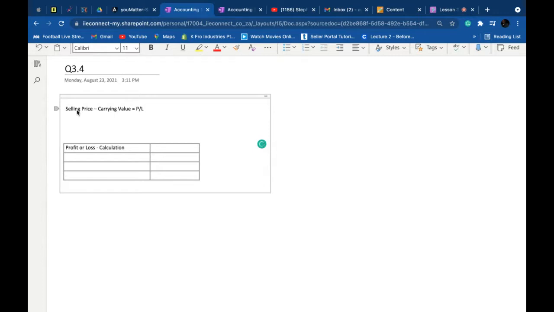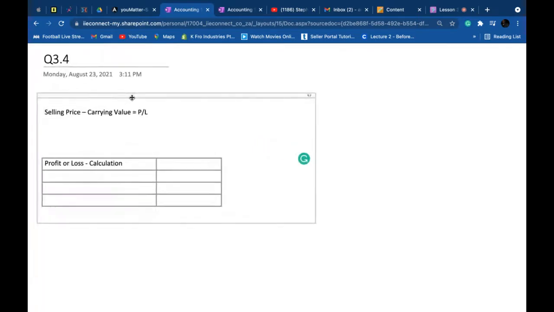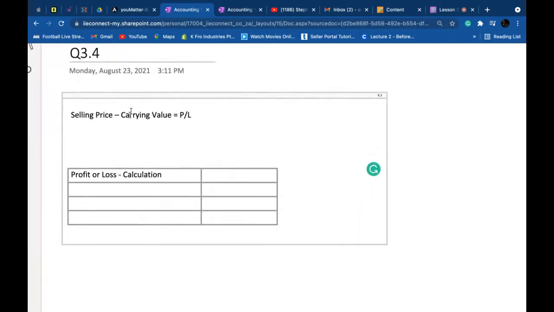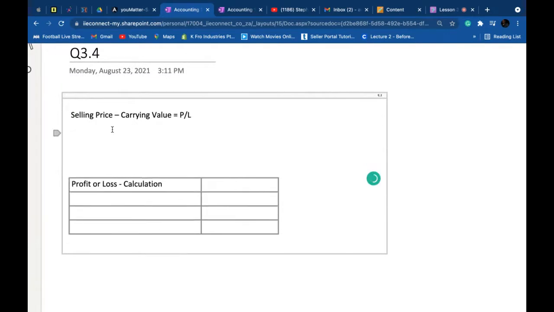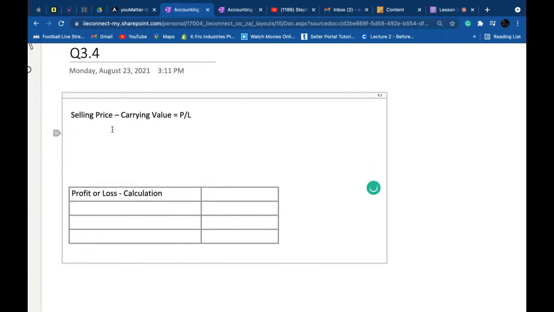Now when we know this, the reason I wanted us to start here, let me zoom in for you guys, is so that when you understand this, we can delve into the details: what was the selling price that we disposed this asset for? What did we sell it for?